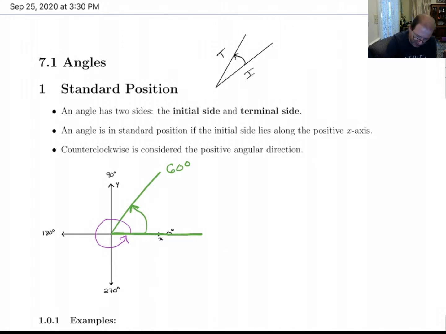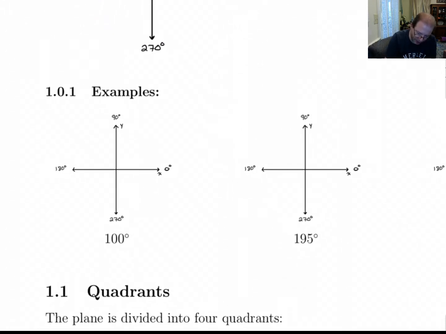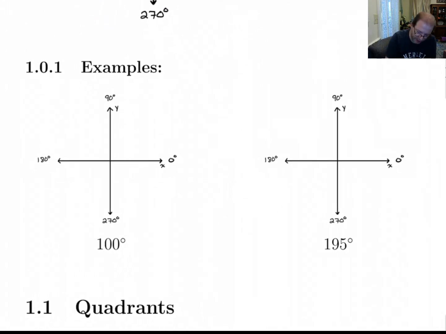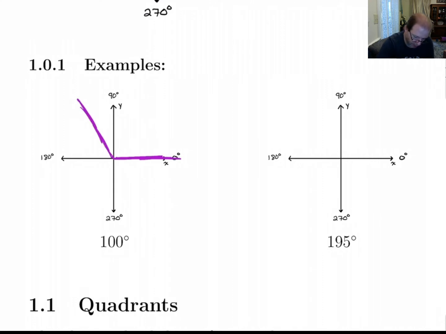All right, let's look at some examples. I want to plot several angles in standard position. So 100 degrees, if we drew that angle, it would be here. So this would be 100 degrees. It would just be 10 degrees past 90. 195 degrees, this would be the initial side.